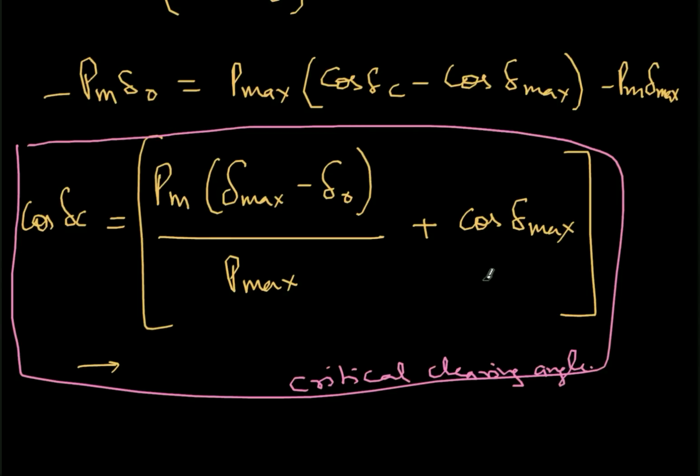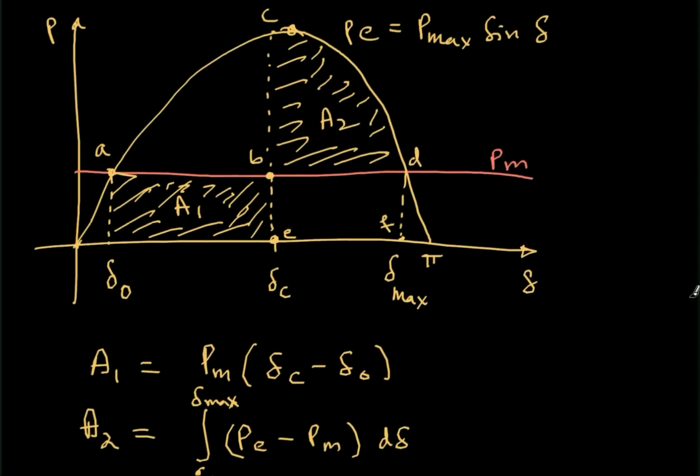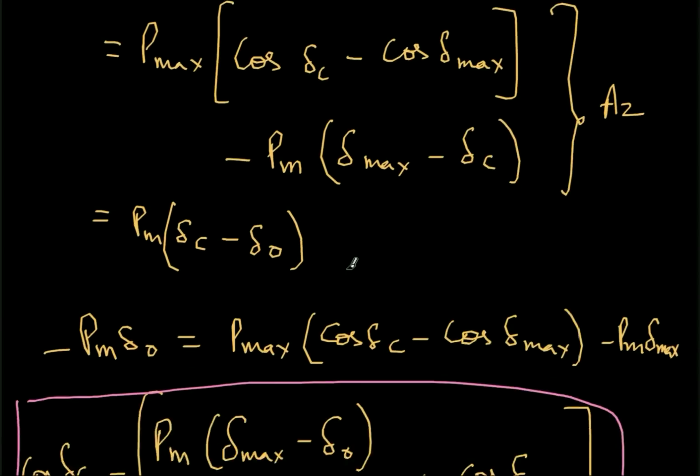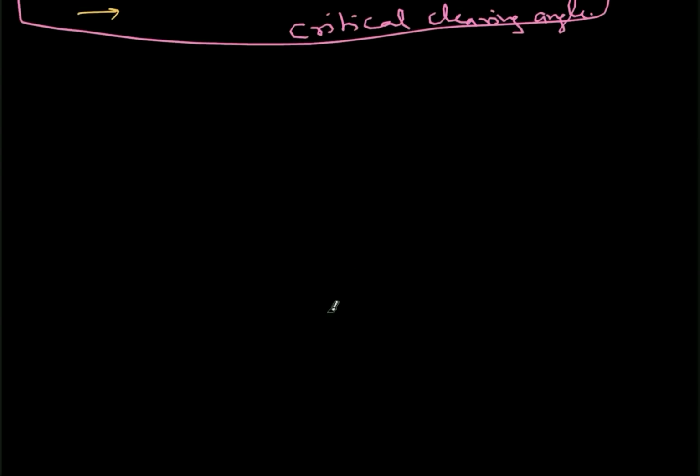Now just a little bit more is there. Now that you know delta C, I want to find out the critical clearing time. So I know delta C. At what time the delta C angle will come, so that before that time I can clear the fault. For that we need to go back to the swing equation.